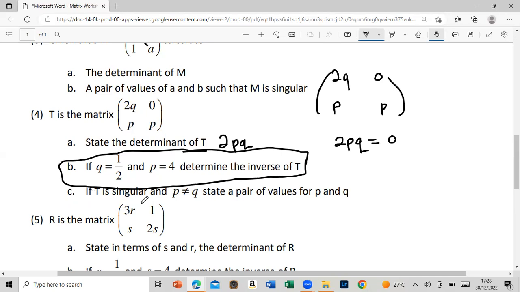If T is a singular matrix, state a pair of values of P and Q, with P not equal to Q.